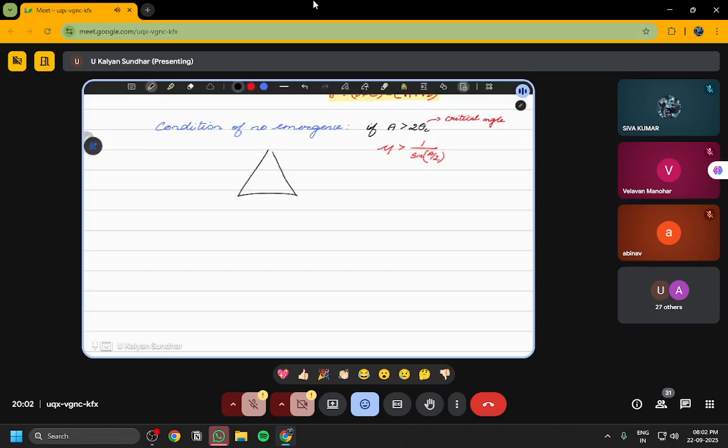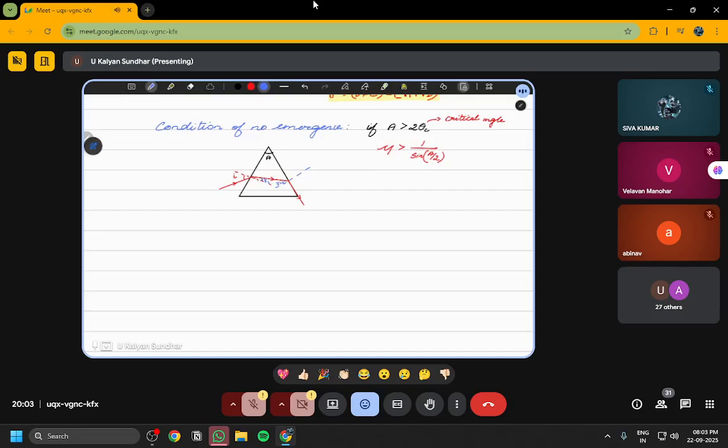இது ஒன்னோட triangle, prism, and this is your angle of prism. This is your angle of incidence. And refract ஆகனதுக்கு அப்புறம் it travels like this. So this angle is R1.